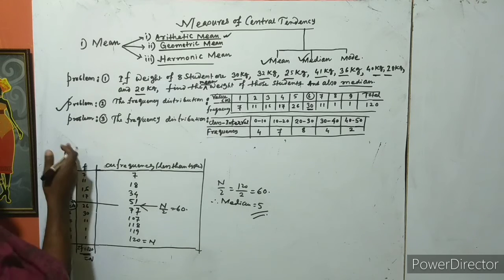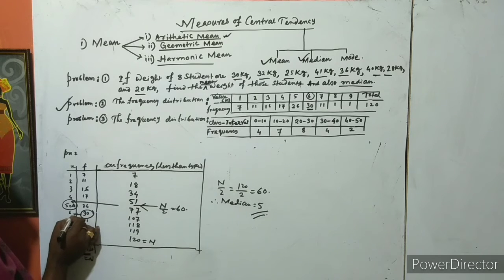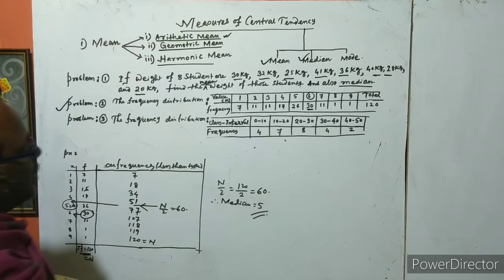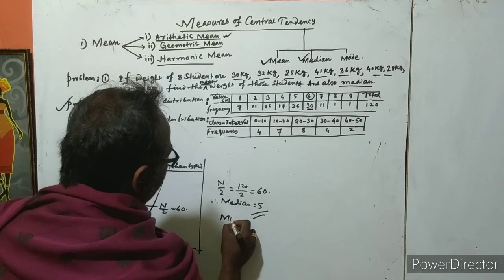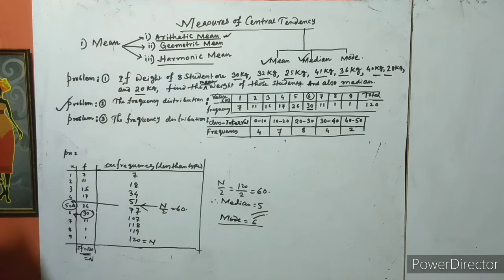As you see in this column, the maximum frequency is 30, and the respective value in the column of x is 6. So we can say the mode is 6. Okay, students, see the technique.